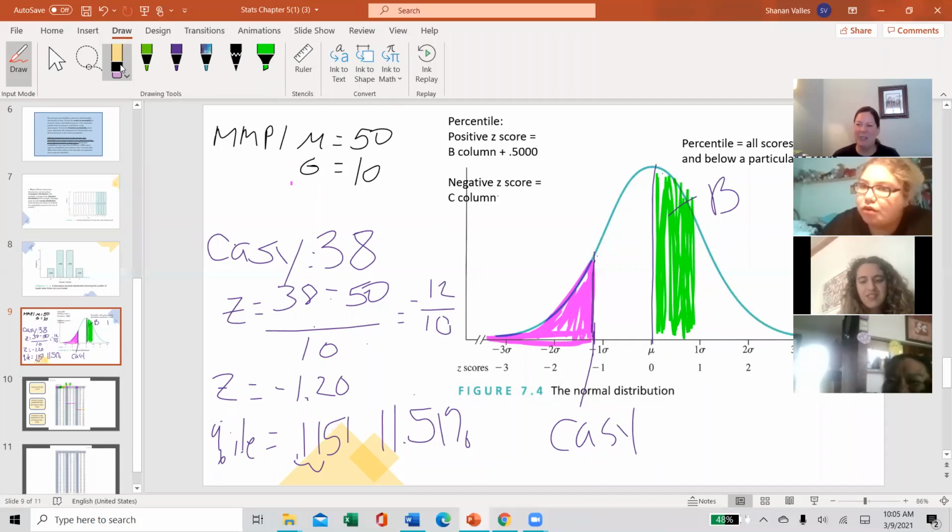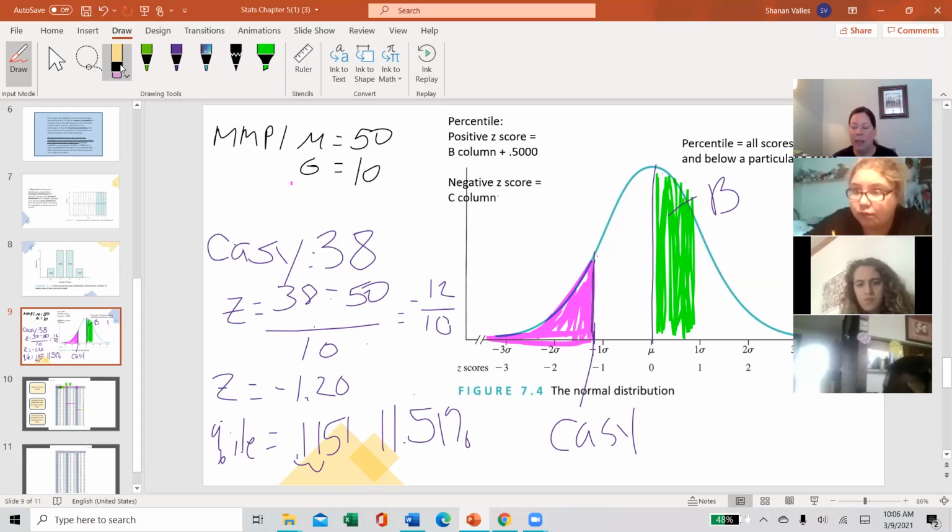So the answer is 11.51%. That's right. And it's a pretty low percentage, right? It's pretty low because Cassie was below the mean and there's not very many people left in the tail down there. Okay, so whatever this score is, whatever they tested for Cassie, she is only equal to and above 11.51% of the people out there.